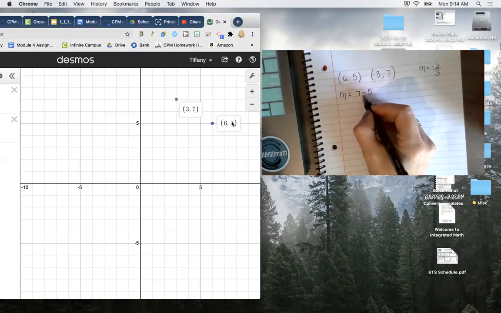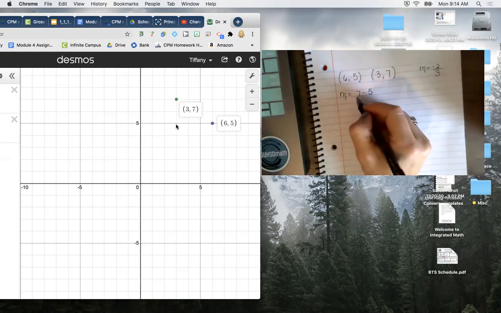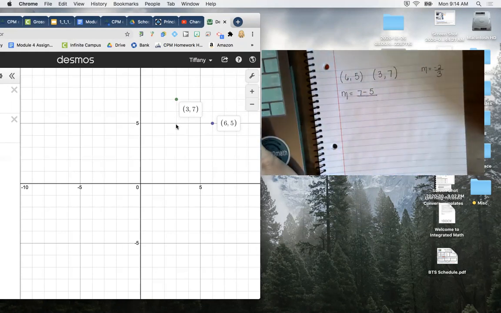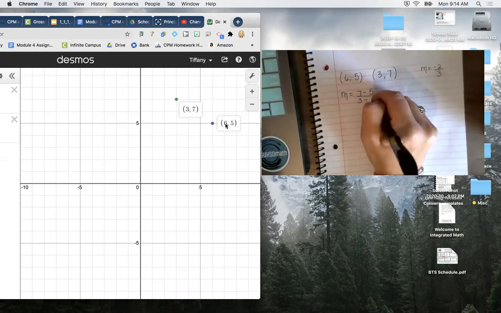That's my change. Okay, I went down 1, 2, so 7 minus 5. And then I went over 1, 2, 3. I went over 3. What I did there is if I did 7 minus 5, I would do 3 minus 6, my change in my x's.